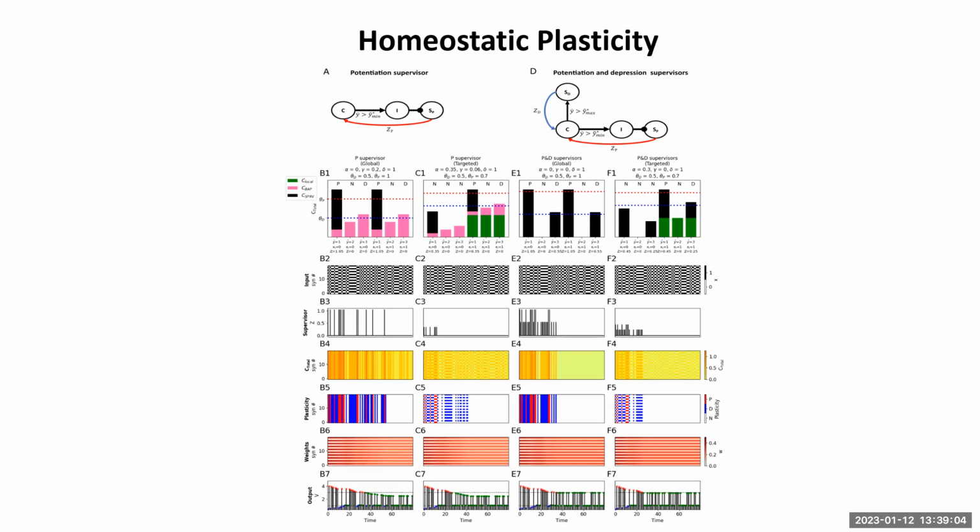What do I mean by an internal depressive mechanism? If the neuron is firing at too high a rate, as in this case here, it will depress just because it's internally over its depression threshold.